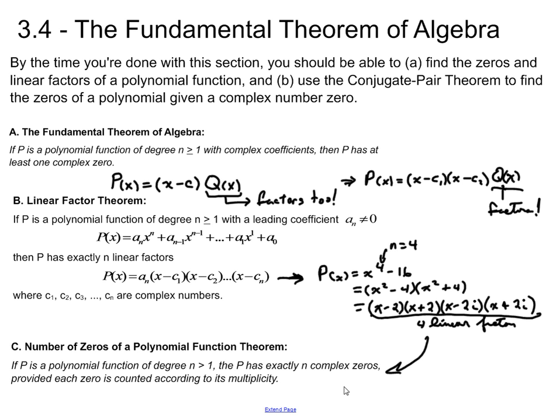They say, all right, if we take the number of zeros of a polynomial function, if p has a degree n greater than or equal to 1, then p has exactly n complex zeros, provided each zero is counted according to its multiplicity. Fourth degree, 4 zeros. 2 of them are complex, but actually they're all complex, right? If you think about it, every real number is also a kind of complex number.